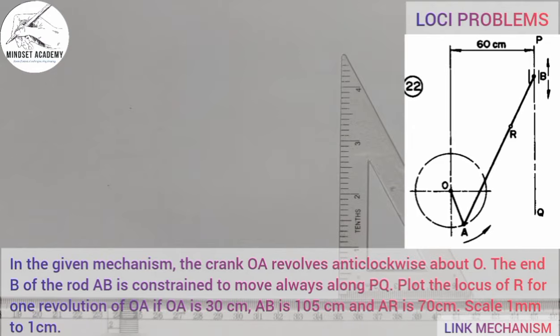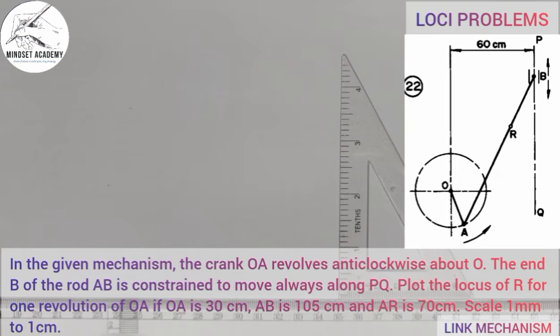Plot the locus of arrow for one revolution of OA if OA is 30 centimeter, AB is 105 centimeter, and A arrow is 70 centimeter. Scale 1 millimeter to 1 centimeter. So it simply means that every 1 millimeter is 1 centimeter, right? Now, or 1 centimeter is equals to what?